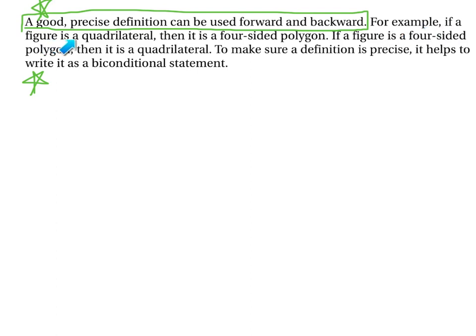For example, if a figure is a quadrilateral, then it is a four-sided polygon. There's your conditional statement. The converse, if a figure is a four-sided polygon, then it is a quadrilateral. To make sure this definition is precise, it helps to write it as a biconditional statement. You could write it as a figure is a quadrilateral if and only if it is a four-sided polygon.